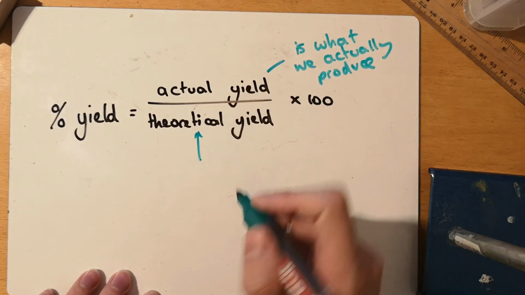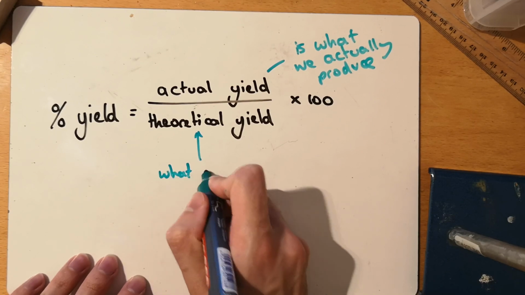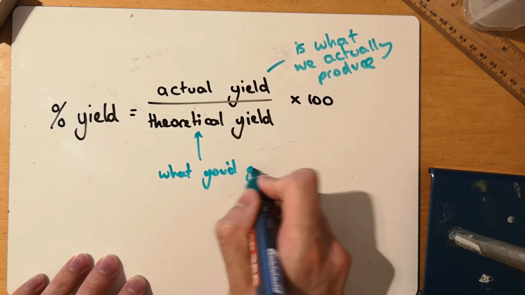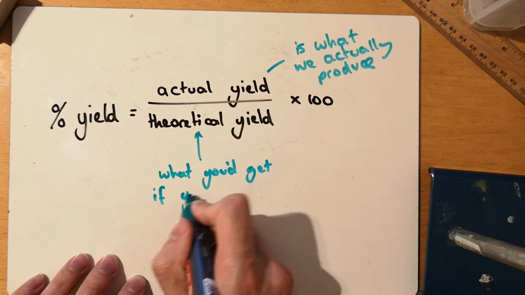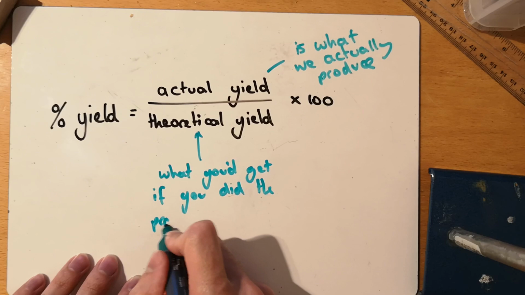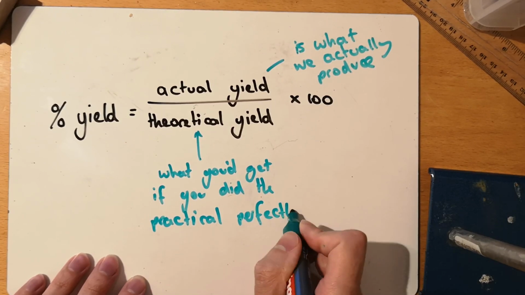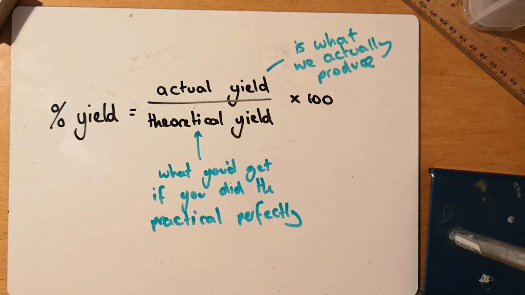The theoretical yield is what you get if you did the practical perfectly. So if you made absolutely no mistakes, every particle reacted, which is impossible, but if you could get that, so every particle reacted, you'd get the theoretical yield.